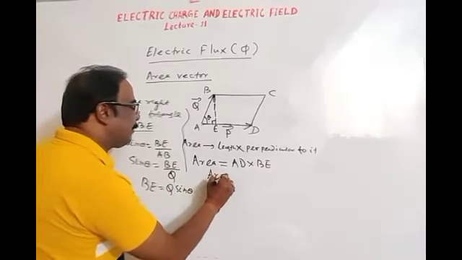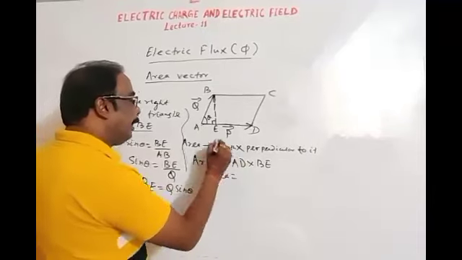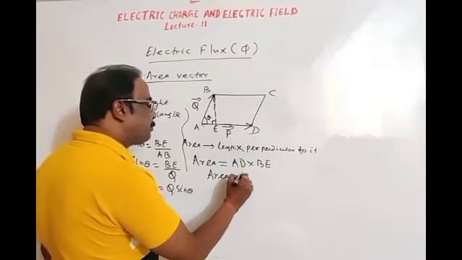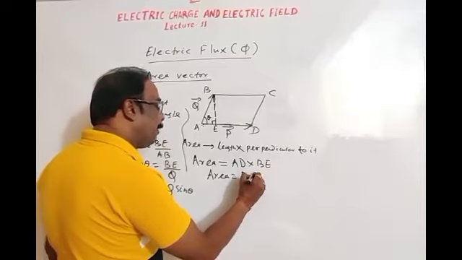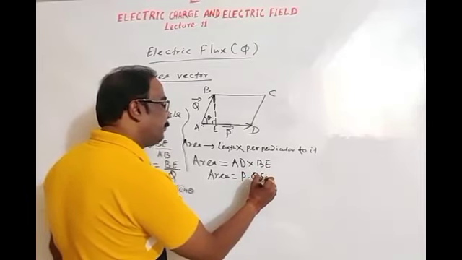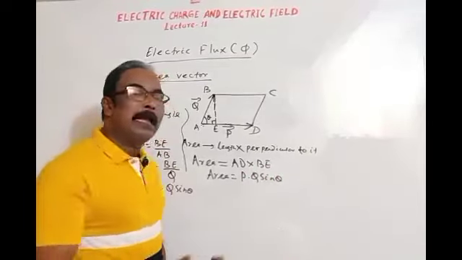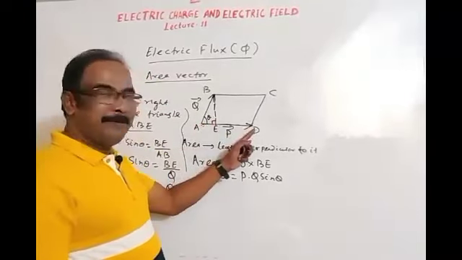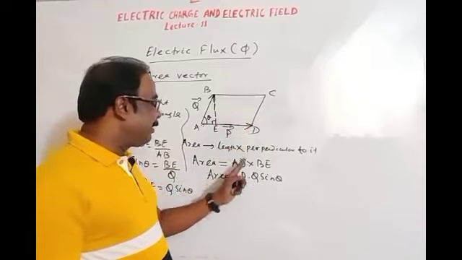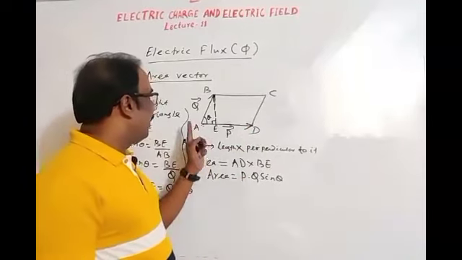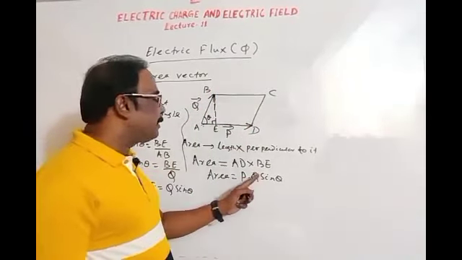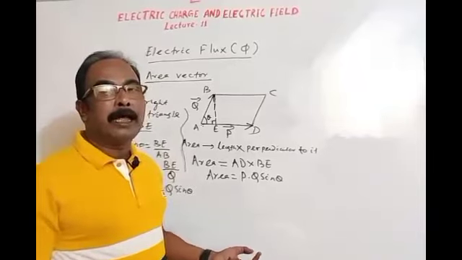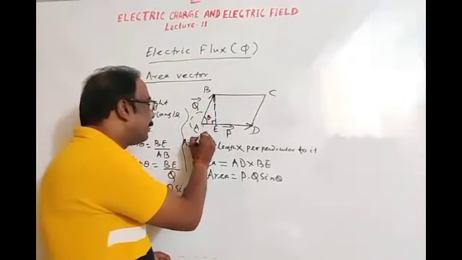Then area is given as length of AD, which represents magnitude of P, times length of BE, which represents Q sine theta. Then area is PQ sine theta, where length AD represents magnitude of P and length AB represents magnitude of Q, and theta is the smaller angle between them.